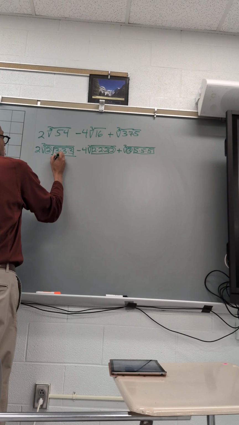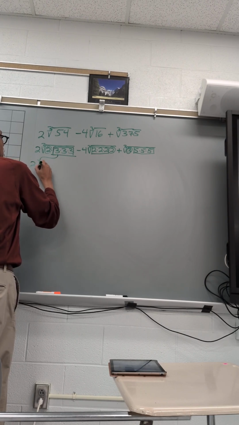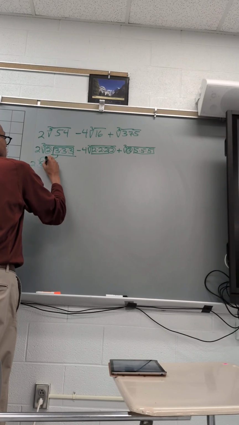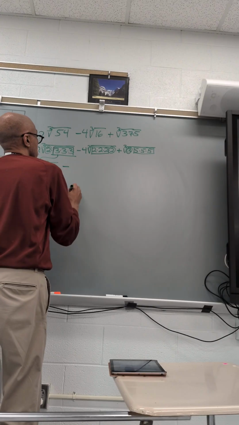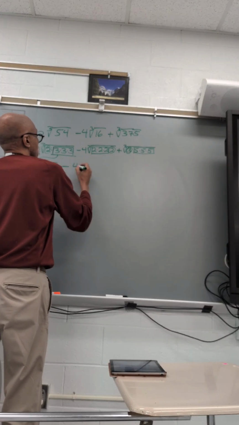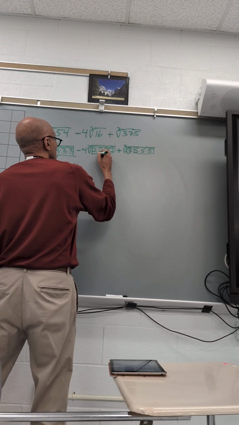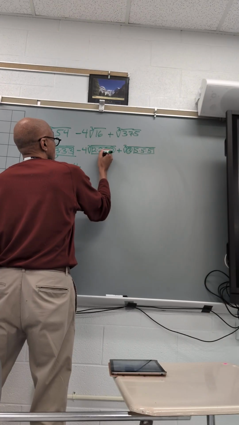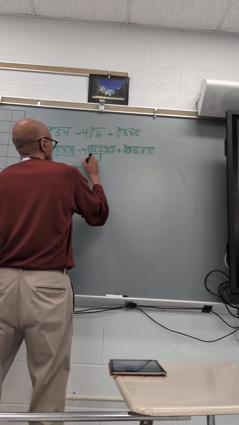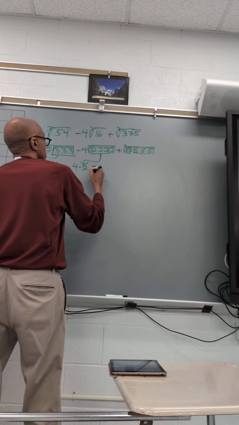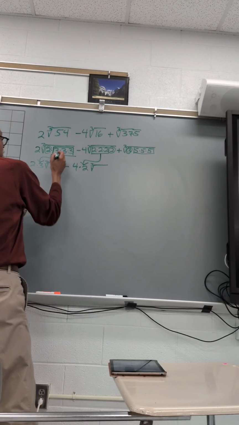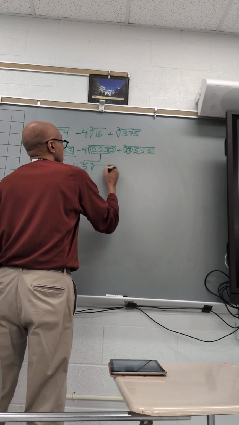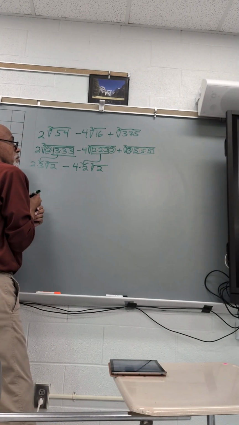So now this becomes 2 times 3 cube root of whatever is left, which is 2, minus 4 times, I have a box of triple 2's, so that comes out and it's a 2, because that's the cube root of 8, just like that is the cube root of 27, and I still have a 2 remaining here.